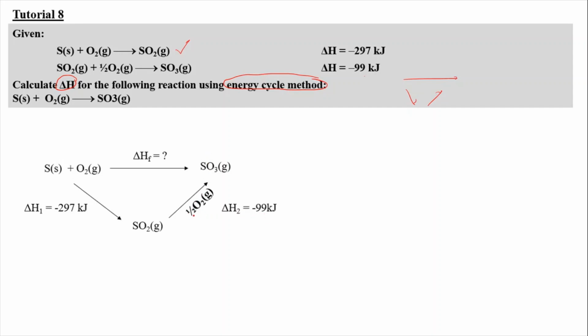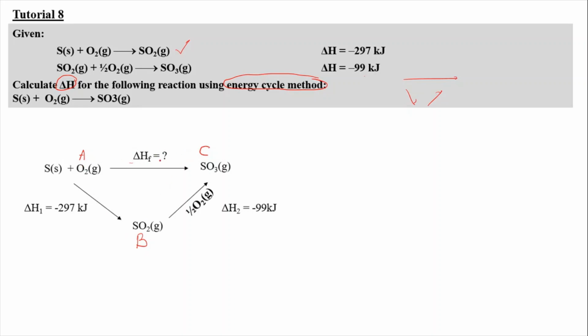And as you have learned in Hess's law, the energy change for a reaction going from A to C, or from A to B to C, is the same. So the enthalpy change in a single step is the same as in a series of steps.